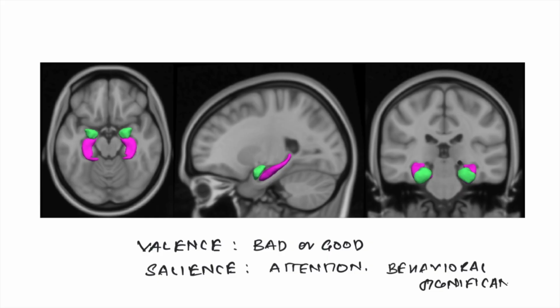The reason I'm talking about this terminology is that we are going to use it moving forward. So I want the listeners to know what I mean when I talk about valence and salience. There are two different concepts that play an important role in how the amygdala is going to respond to a particular situation or stimulus based on the context.